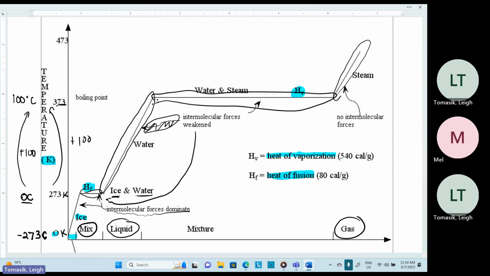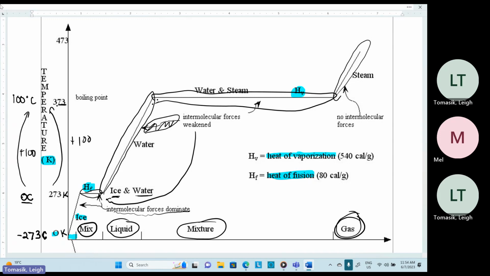So when things are slanted, they're only one phase, right? That steam slanty line, we know everything is a gas. And when things are on the plateau, it's a mixture of the substance in two states.